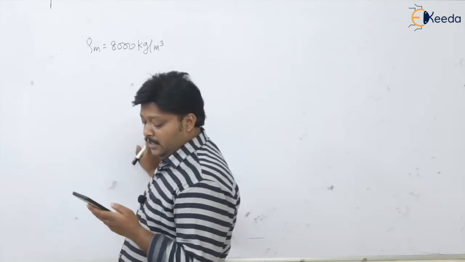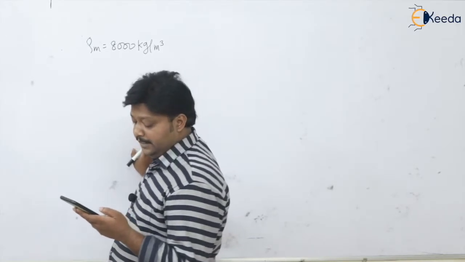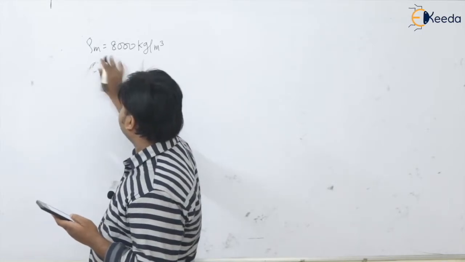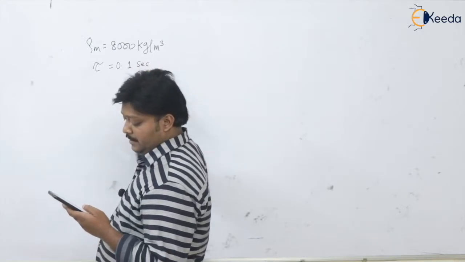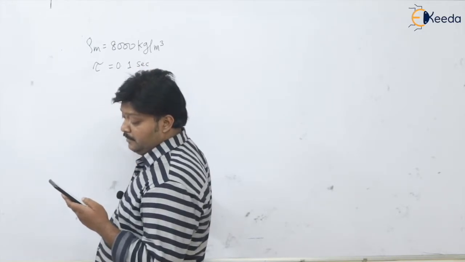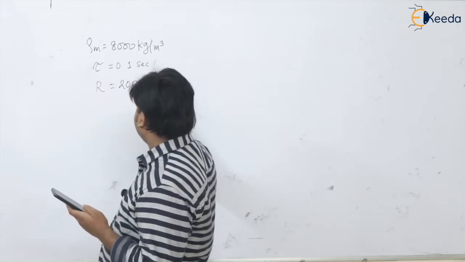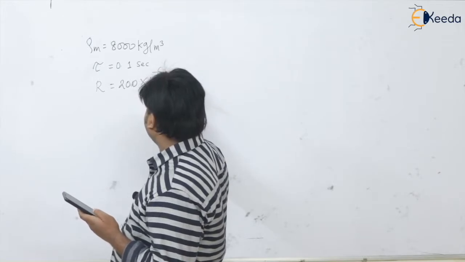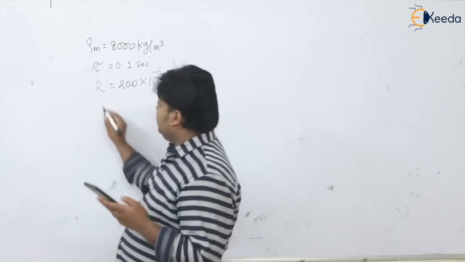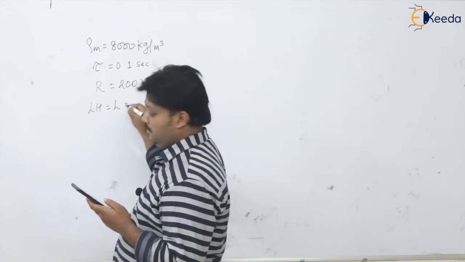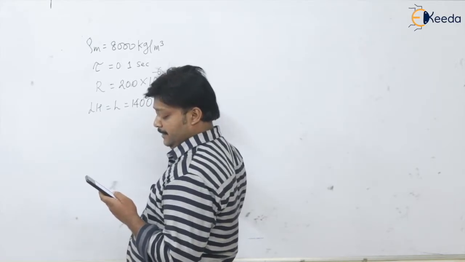Okay, very good. And time, for how much time the current is flowing through the circuit, it is tau, given as 0.1 second, and the resistance is 200 into 10 to the power minus 6 ohm, not micro ohm, it is ohm. And the latent heat is L equal to 1400 kilojoule per kg.